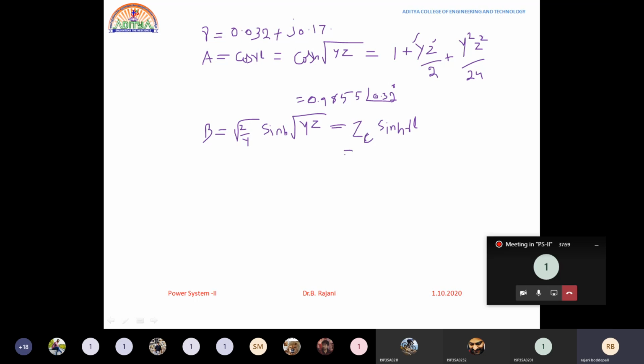How can I simplify this equation? Z into sinh root YZ. This equation I have simplified many times.